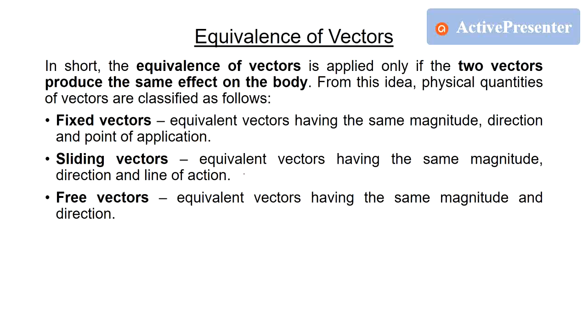Next one is the sliding vectors. Sliding vectors are equivalent vectors having the same magnitude, direction, and line of action. As you can see, this type of equivalent vectors is not concerned about the point of application. An example is the same as last time.